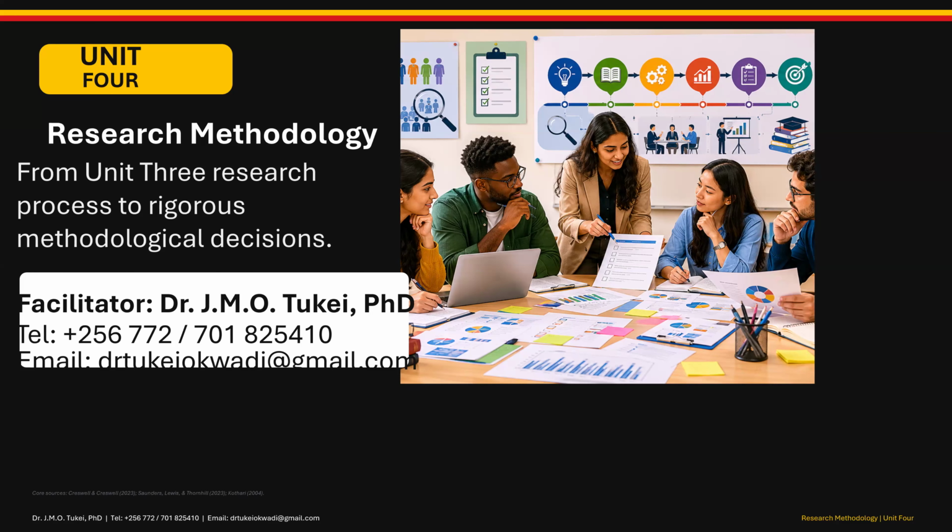Otherwise, ladies and gentlemen, I will address you today as ladies and gentlemen. This is research methodology. Research methodology is unit 4, if you looked at our course outline. We're looking at it from a recap point of view, from unit 3, which is the research process, to the rigorous methodological decisions.